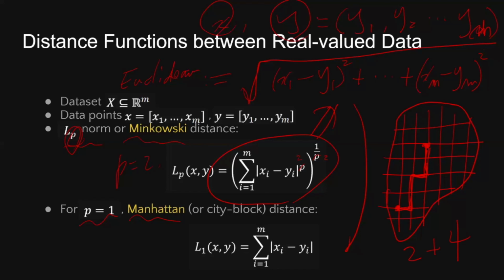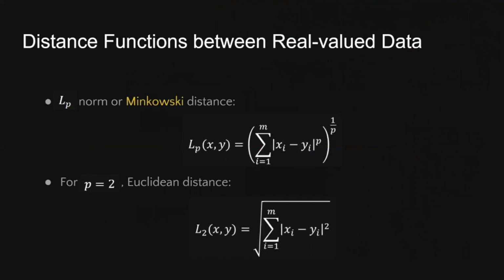So in that case, assuming that each of the grids are the same size, then the distance from this location to this location is going to be 6. So that's why this is called a Manhattan distance or city block distance. So that's one way of comparing distance between two objects. And like I said, when P equals 2, it's a Euclidean distance. So this is probably the one that you guys are most familiar with.